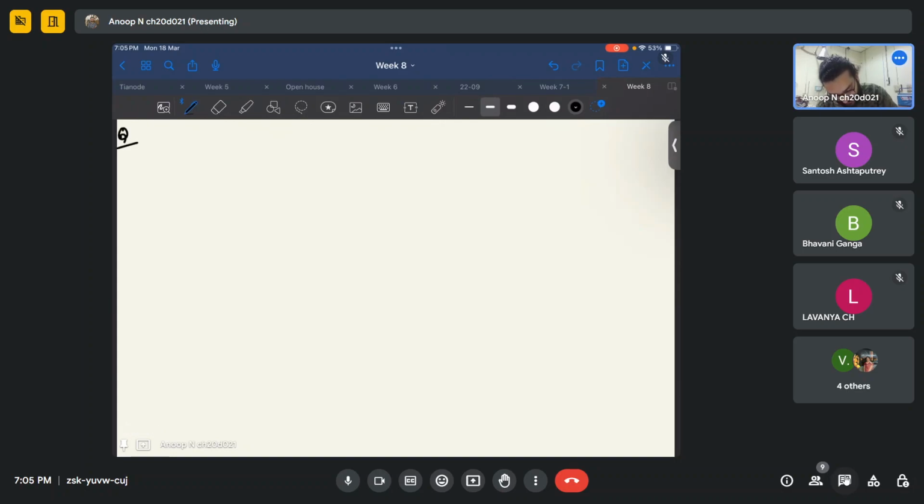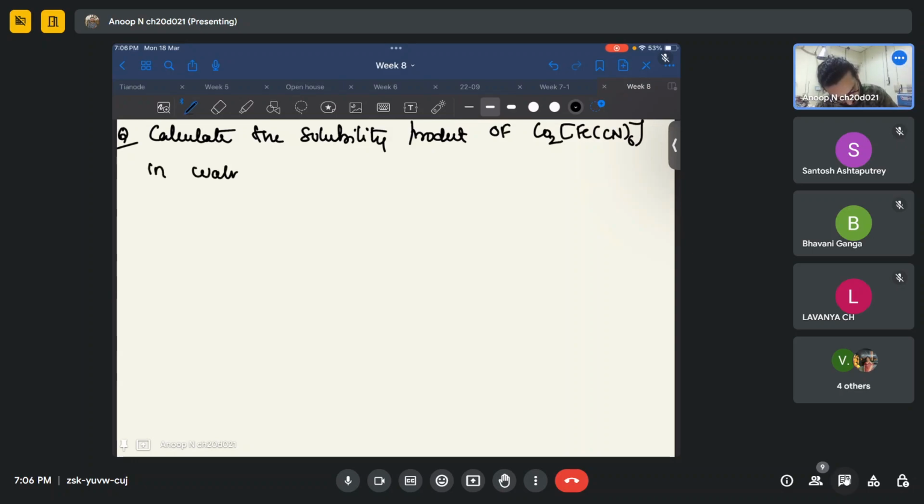Question: calculate the solubility product of Co2[Fe(CN)6] in water at 25 degrees centigrade.